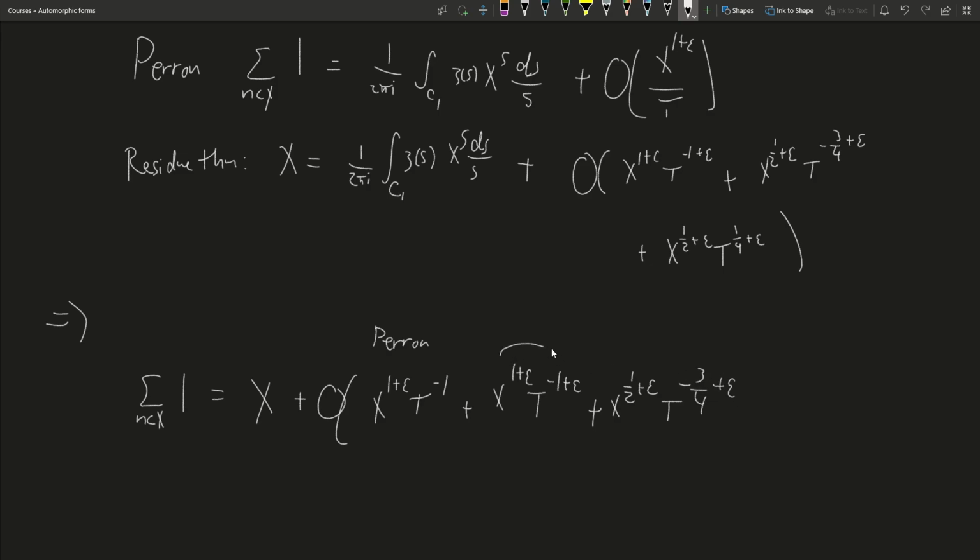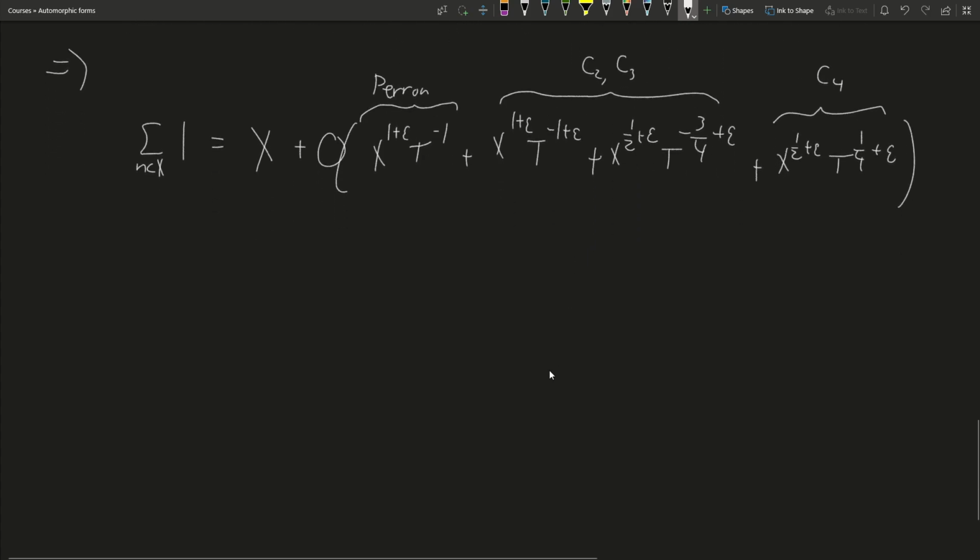These two come from segments C2 and C3. And then finally we have this term, x to the 1/2 plus epsilon t to the 1/4 plus epsilon, and this term is coming from C4. All right, and we want to make this error term as small as possible, of course. So we're going to choose a value of t that's a function of x to optimize the size of this error term. We want to make it as small as possible.